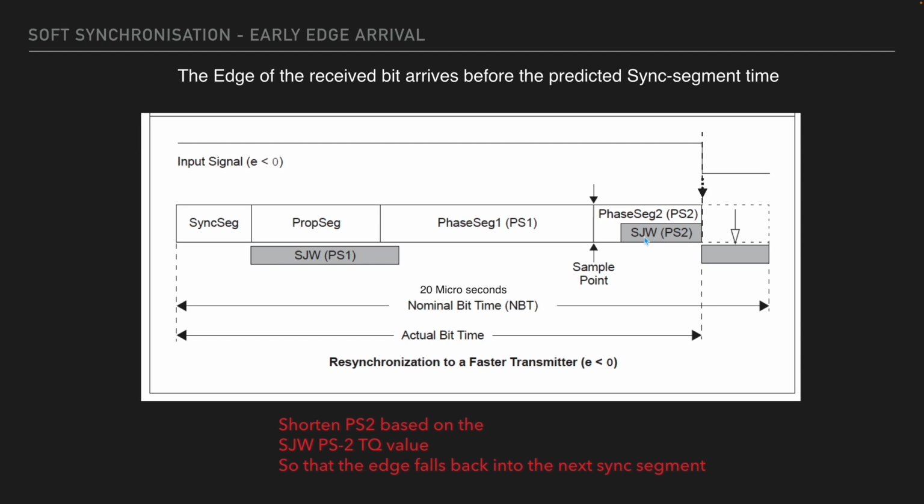And this is why we're going to shorten the phase segment 2. And the amount of shortening will be determined by when we detected this trailing edge within the phase 2 segment. And there we have the SJW, the jump width, and that's going to give us how many TQs we're going to advance the clock.